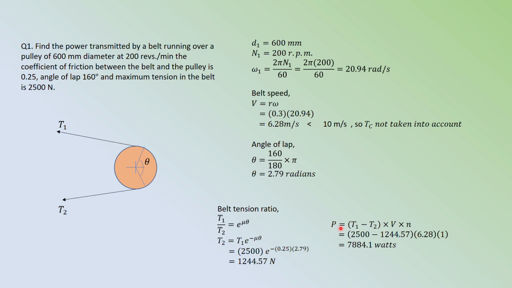You know that the power is the effective tension multiplied by the belt speed and multiplied by the number of belts used, which is wrapping over both the pulleys. Since the question does not mention the number of belts, usually we take it as 1. So the power transmitted is 7884.1 watts. That is what the question asks. Find the power transmitted. That is your question 1, and this is quite easy.